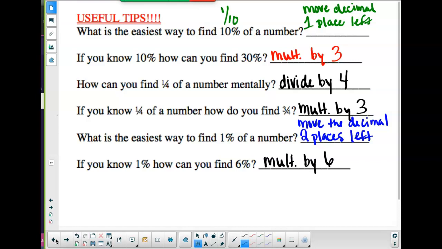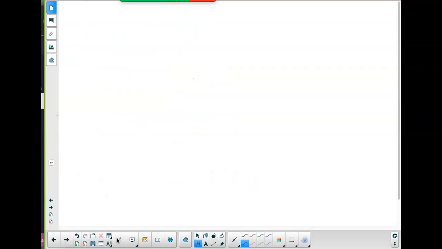Okay, so if I asked you then to find 6% of 400. Okay, 6% is a really weird percent. But start with 1%.